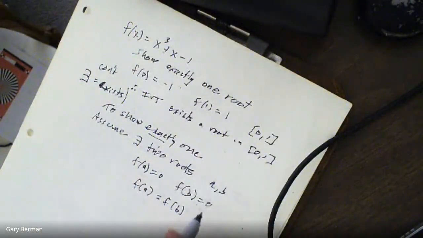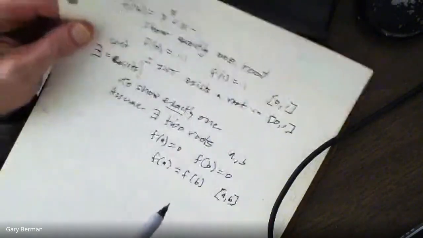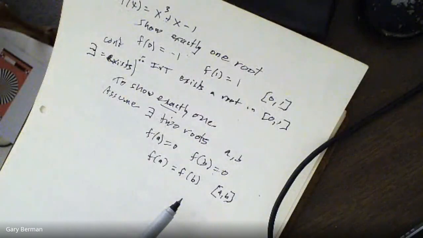So if I just look at the interval a to b, I have a function where the y value at the start and the end is the same. F of a equals f of b. The function's continuous and differentiable on the entire interval. That means Rolle's theorem can apply.